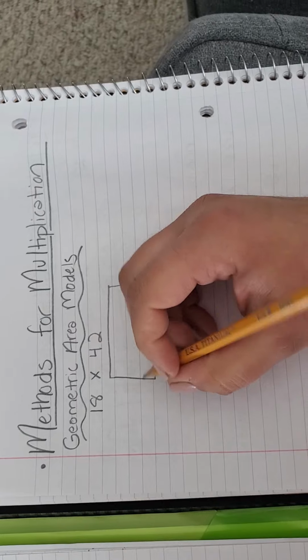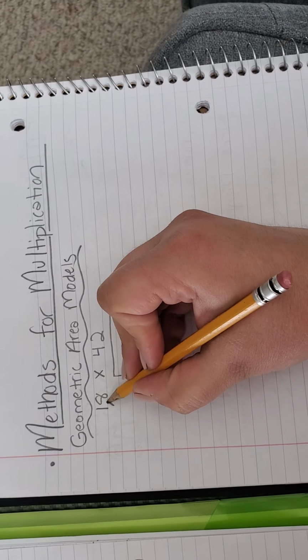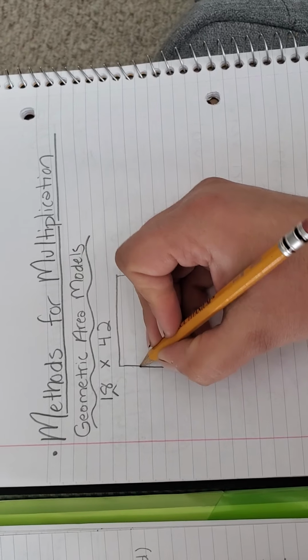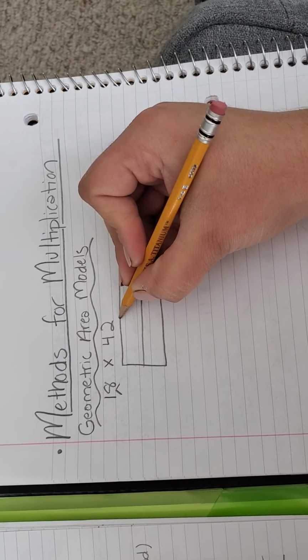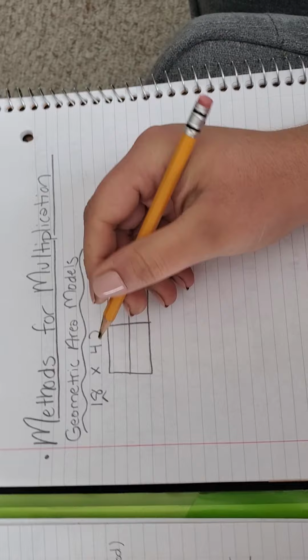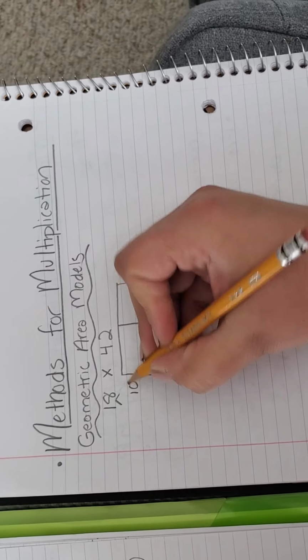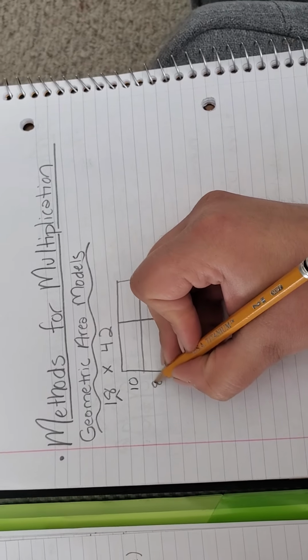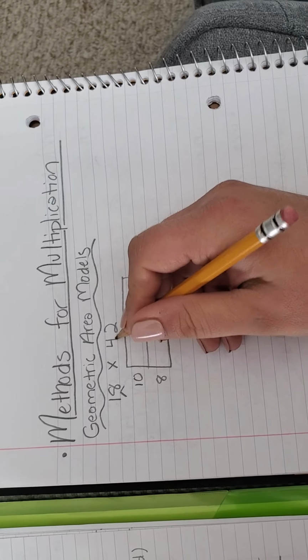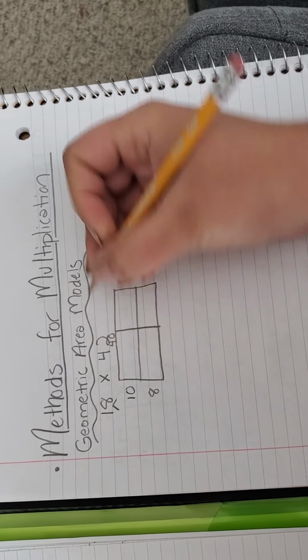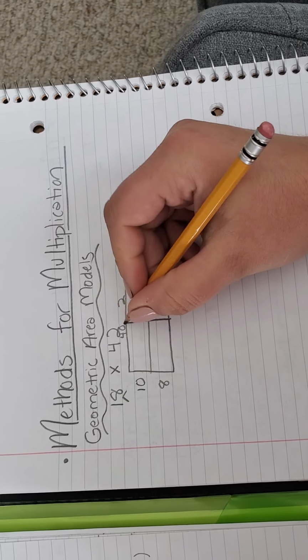And you're going to decompose these numbers alongside here. So for the sake of making this problem easier, I'm going to say that 18 is 10 and 8, and that 42 is going to become 40 and 2 here.